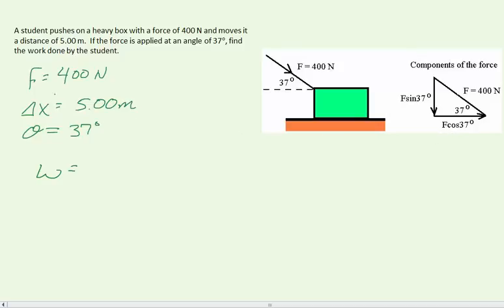So our force will be 400 newtons times cosine of 37 degrees times our displacement of 5 meters. And when we multiply this out, we'll see that the total work done will be 1,600 joules.